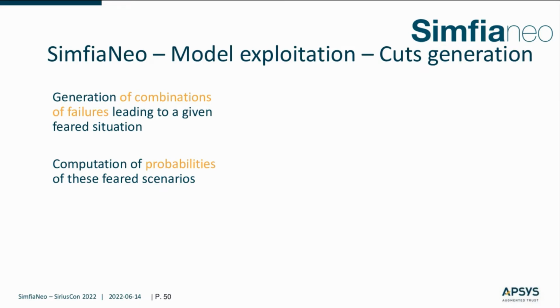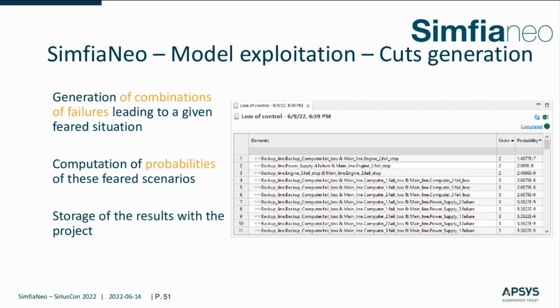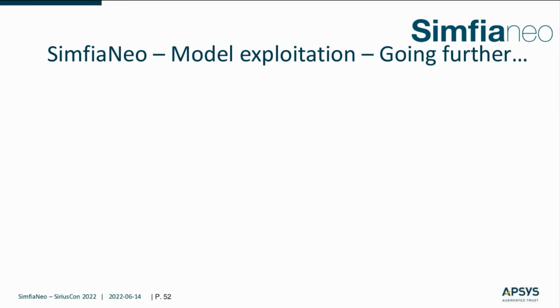So we have the AltaRica engine. We'll see how it communicates with the rest of the model. And it will be able to generate a list of results that we'll be able to store with the project and the link with the project, and compute these scenarios and the associated individual probabilities. But we do not stop here. We want to go further on these results.